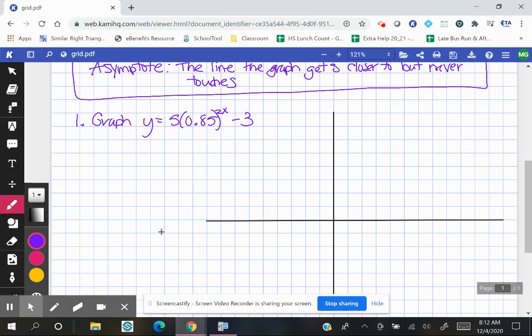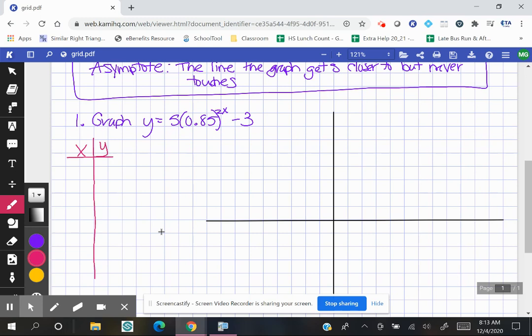Okay, and a table. And let's also talk about here before we graph it. So our parent function, we see that the variable's in the exponent. So we know this is going to be an exponential graph. So again, you should know the shape of that graph. We know from this -3 out here that it's going to be shifted down 3.